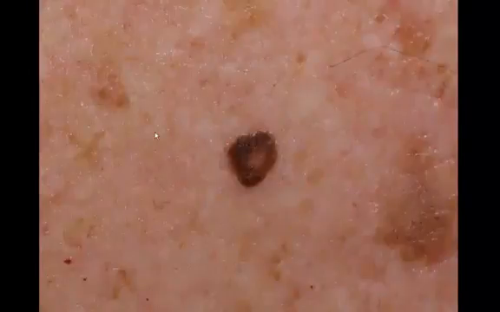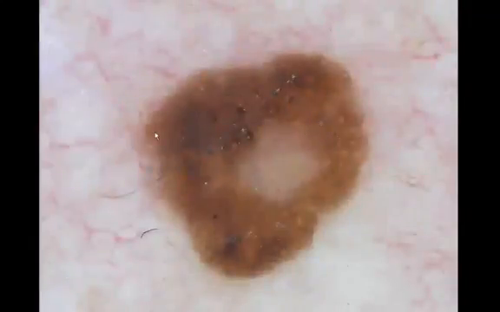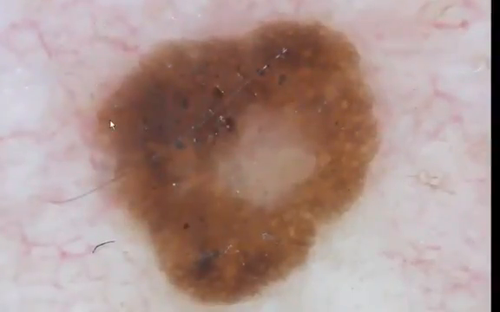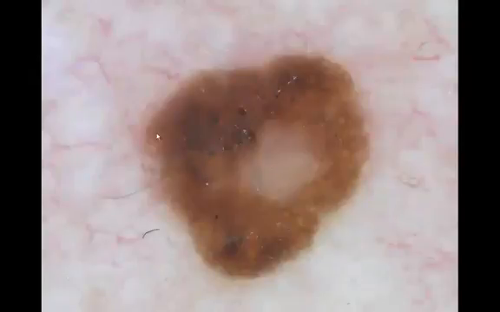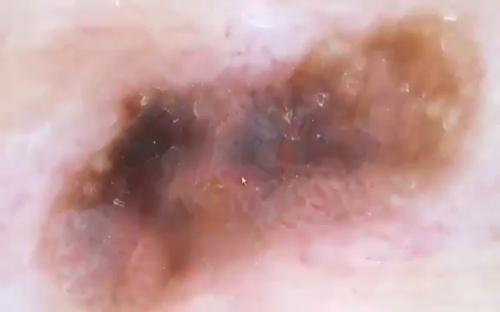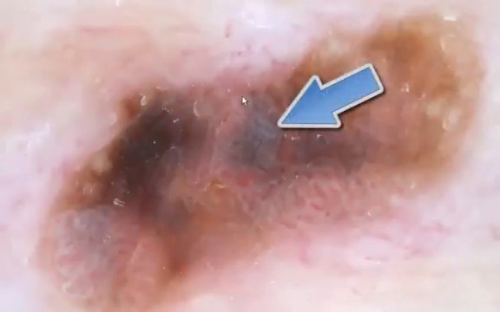Another lesion, clinically, we can see also network lines, but now we call it pseudo-network because we know it's a seborrheic keratosis. Again, terminology depends on diagnosis. Another example, clinically, dermatoscopy, this is a seborrheic keratosis, but we would call this structure here blue whitish veil if it's a melanoma.